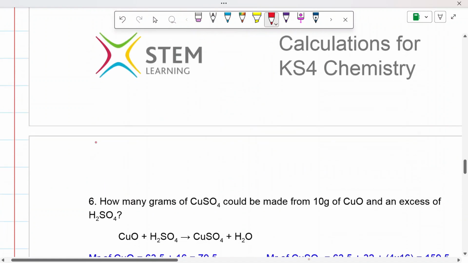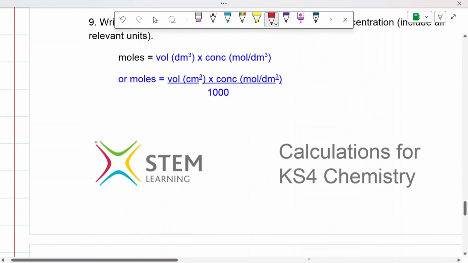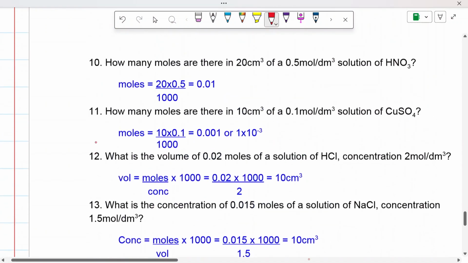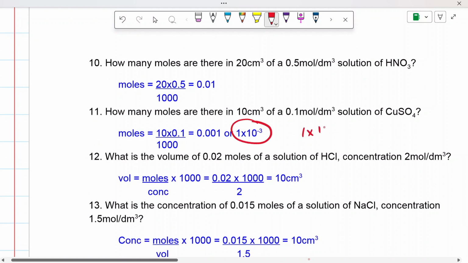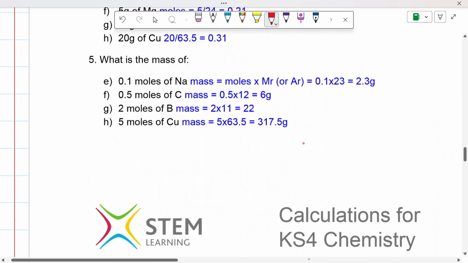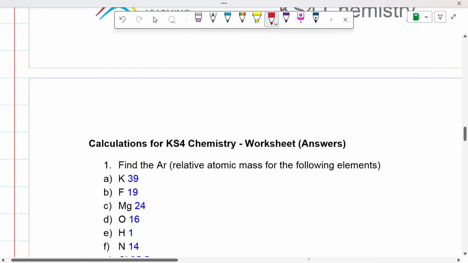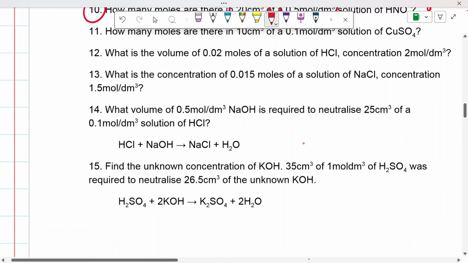The answers are given over here. Yep, that is 0.001. Very good. Or you can also write it as 1 times 10 to the power negative 3. Good effort, well done.